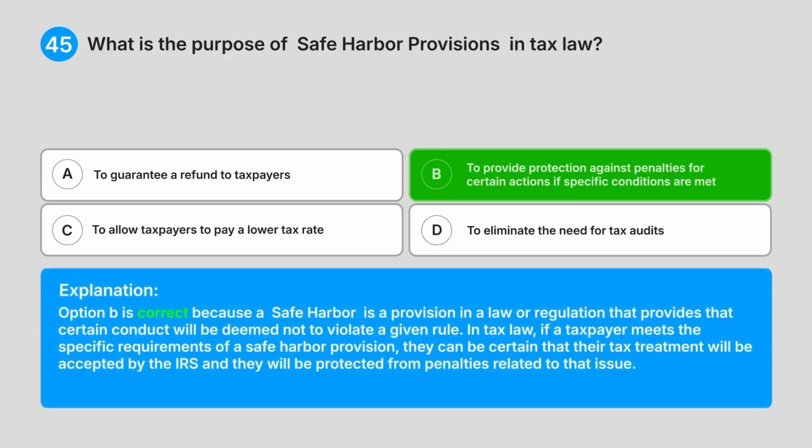Explanation. Option B is correct because a safe harbour is a provision in a law or regulation that provides that certain conduct will be deemed not to violate a given rule. In tax law, if a taxpayer meets the specific requirements of a safe harbour provision, they can be certain that their tax treatment will be accepted by the IRS and they will be protected from penalties related to that issue.